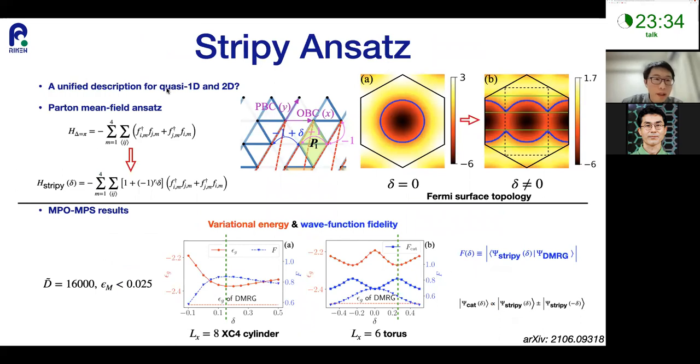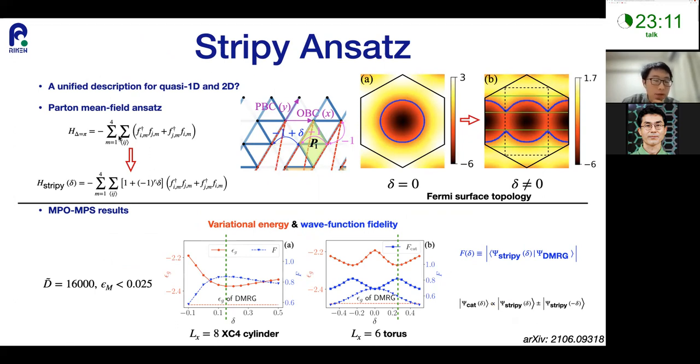Now, let me try to answer this question. To understand this strongly dimerized feature, it's straightforward to consider some translational symmetry breaking in the ansatz along this direction.